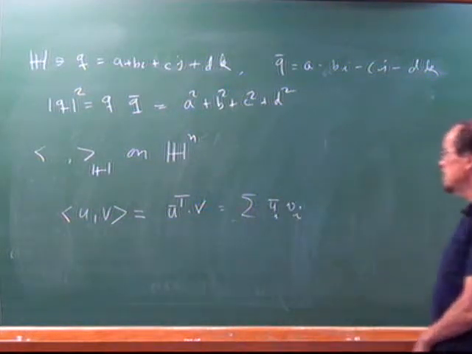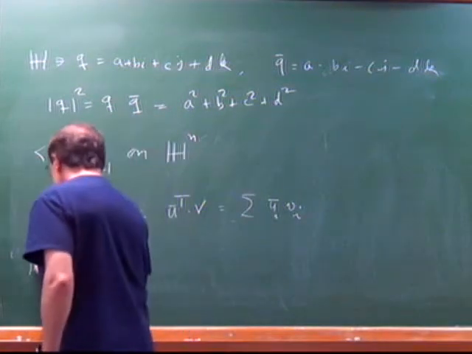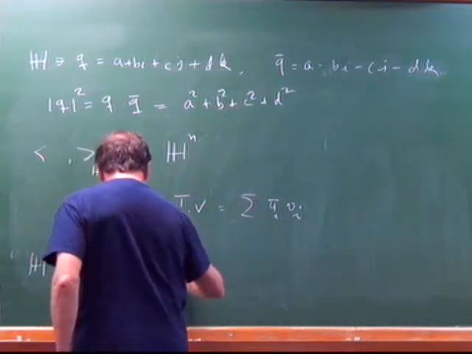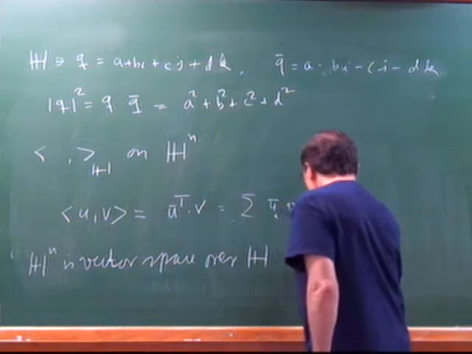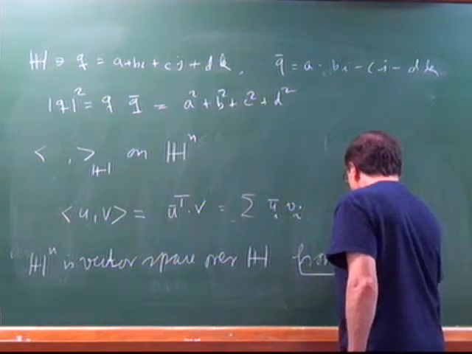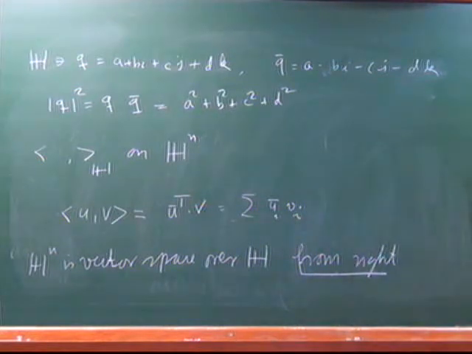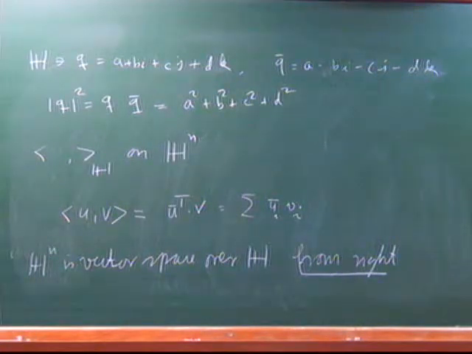So write it in component form. And so H^n is a vector space over H. But now the important thing is from the right. Let's make a difference, because the quaternions are non-commutative. And that convention makes all the difference in the world whether I do it from the left or from the right.